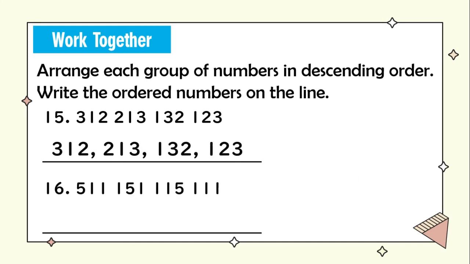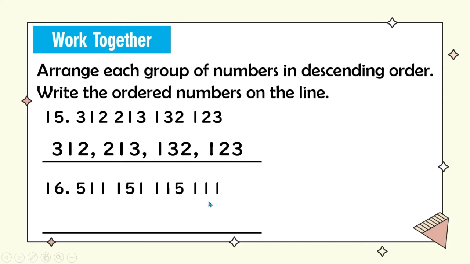For number 16, we have 511, 151, 115, and 111. So the greatest number, as you can see, is 5 based on the hundreds place value. So let's write 511 first. And then the other three numbers have the same value in the hundreds place value. So let's proceed with the tens place value. So we have 5, 1, and 1.